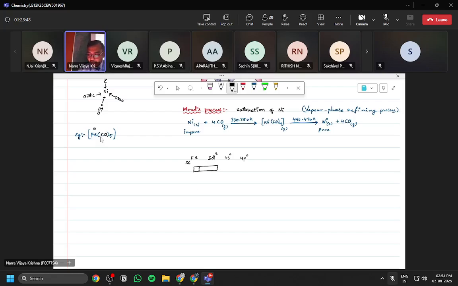All should pair up. S is empty, P also empty. How many lobes do I require now? 5. So hybridization will be dsp3. Then geometry: dsp3, trigonal bipyramidal.